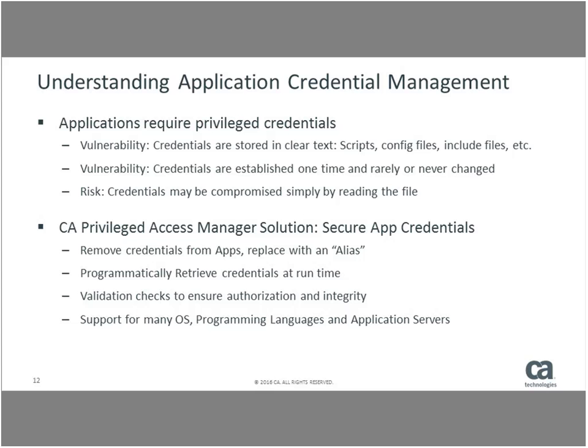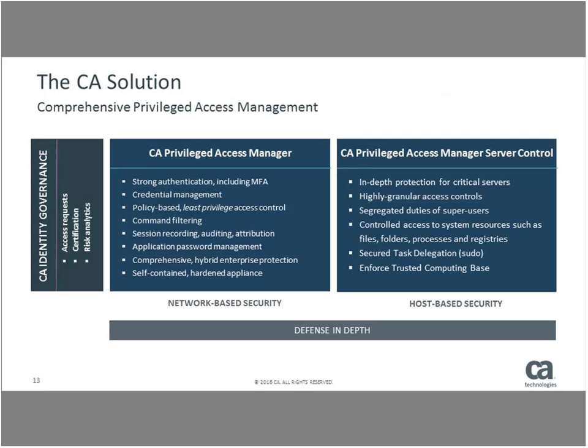When the application does make that call, you have the option to set up validation checks to ensure that this is the right program, that this is the right user, that this is the right credential that they're asking for, and that the program itself, that we've done a validation of the hash of the file, for example, and so we know that it hasn't been tampered with. Provide additional security before you return programmatically the credential that the application is requesting. And this feature is available for many operating systems, program languages, application servers. So this is kind of the nutshell that we'll be going through.